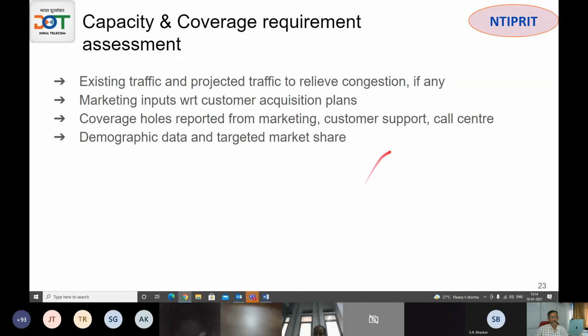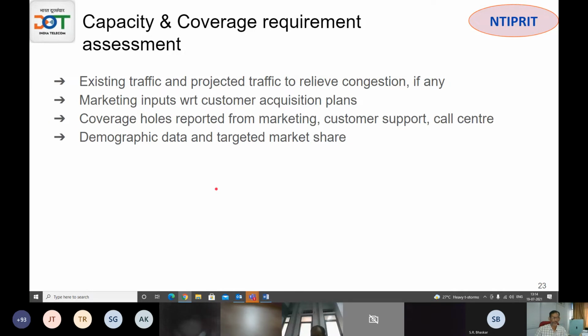Okay, so let us start. We have discussed this point. Marketing inputs are very important to plan how much capacity is to be planned. That is the existing traffic from your OMCR or EMS, how much congestion is there. Coverage goals are reported from marketing or call centers, so we have to fill that.